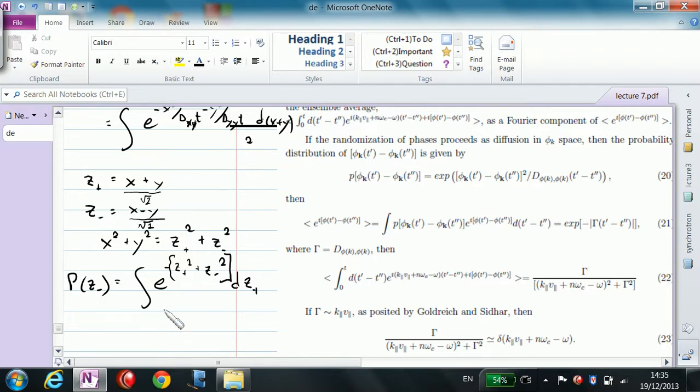And then I just integrate over z plus, and it's just a number, something proportional to e to the z minus squared.